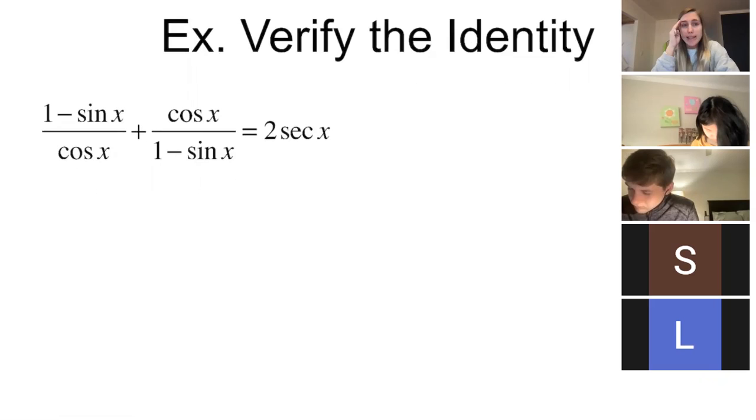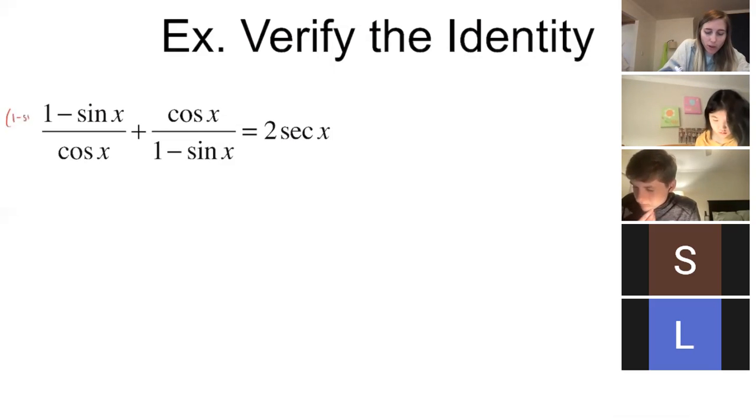Now on the left-hand side, we have a sum of 2 fractions. No other identities really stick out to me. Everything's already in terms of sine and cosine. So I would probably get a common denominator. We could get a common denominator by multiplying the first fraction by 1 minus sine over 1 minus sine, and we can multiply the second fraction by cosine over cosine.